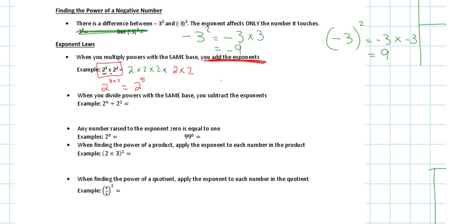Okay? So now, without me writing in an expanded form, if I have, let's say, 4 to the power of 5 times 4 to the power of 7, all I have to do is keep my base and add my exponents. So that gives me 4 to the power of 12. As long as I have the same base and I'm multiplying, I can add my exponents.